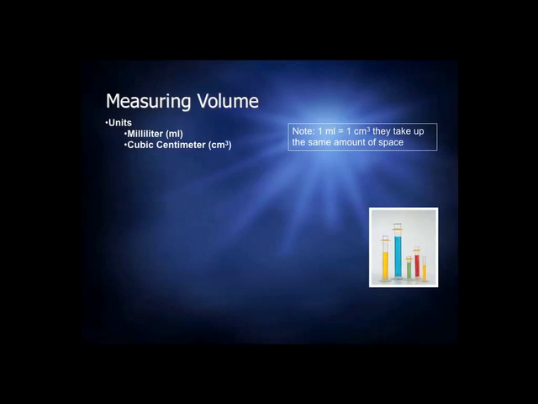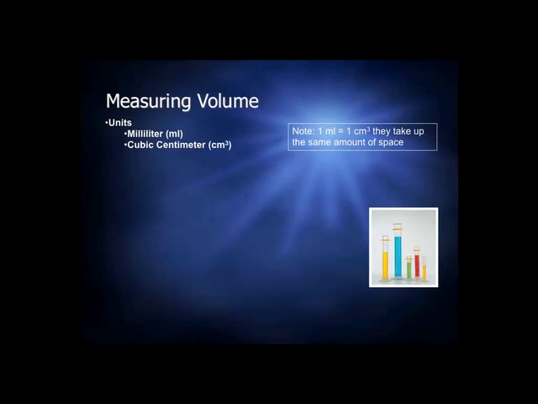Now, our units for volume. If we're talking about a liquid, we measure in milliliters. If we are calculating the volume by measuring and multiplying, it would be in cubic centimeters. But they are equivalent. 1 milliliter equals 1 cubic centimeter.